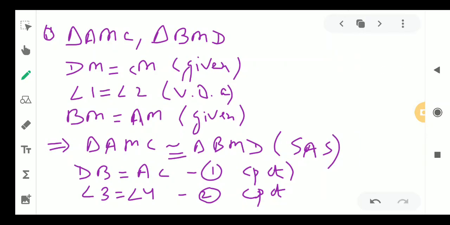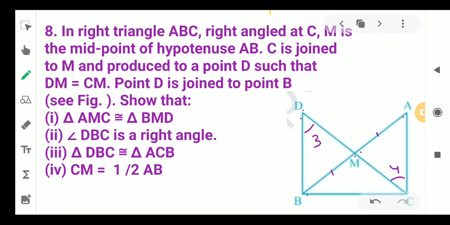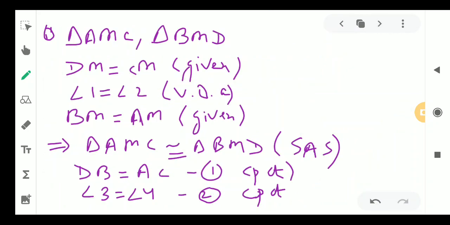Now, what is the importance of this? We have shown that angle 3 equals angle 4. If we carefully analyze, we are getting the formation of a Z here. This is BD, this is our CA, this is our angle 3, and this is our angle 4. So we are getting a formation of Z here. It means they are making a pair of alternate angles. So we can say that DB is parallel to AC because alternate angles are equal. So we use here angle 3 equals angle 4.